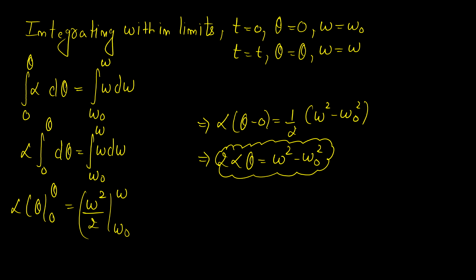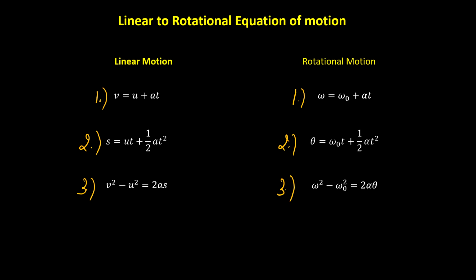So these equations are the same as linear motion, only the variables change. So let's compare the linear and rotational motion equations. In linear motion, the first equation is v equal to u plus at. Here v is final velocity, u is initial velocity, and a is linear acceleration.